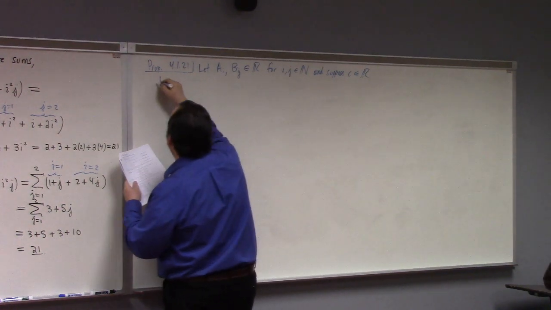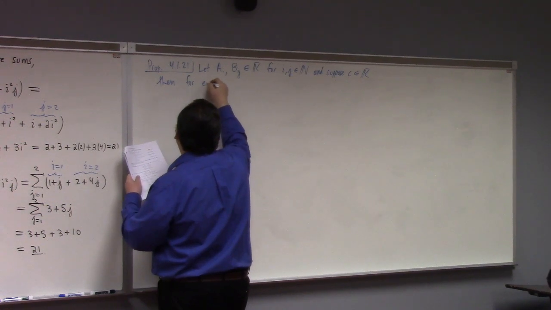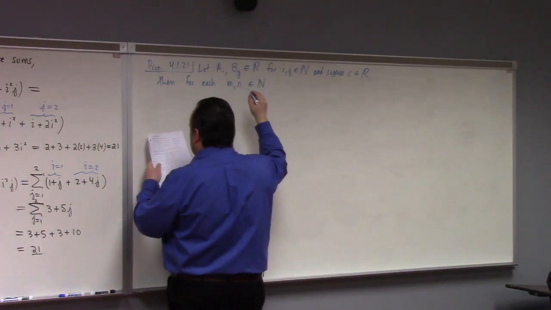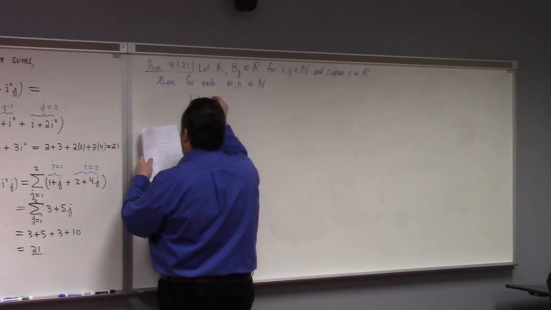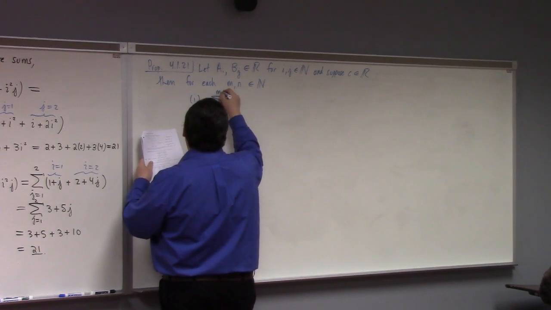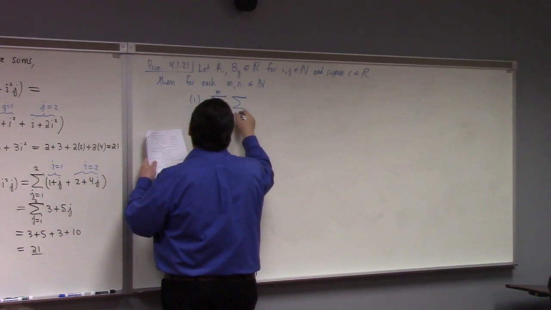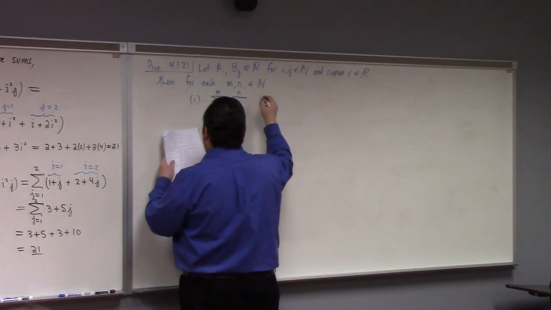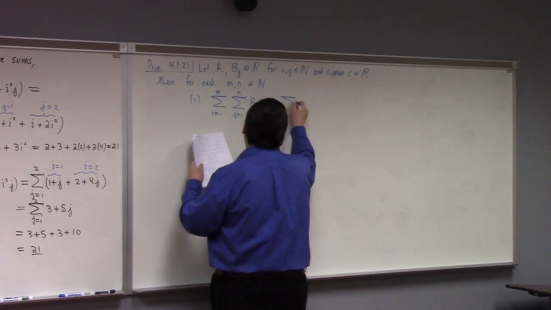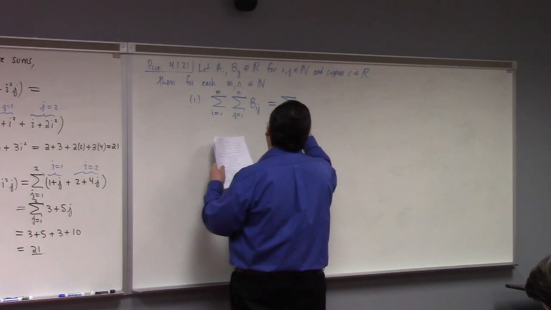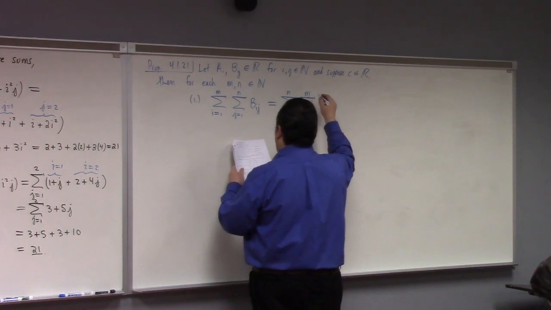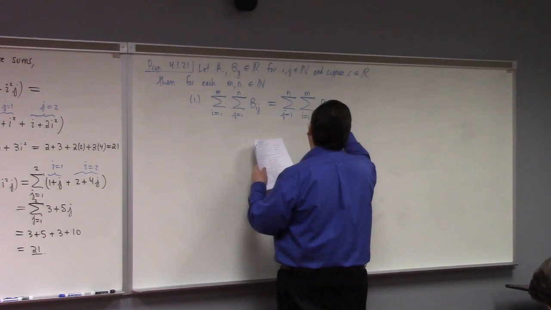Then for each m and n in the natural numbers, number 1, the sum i equals 1 to m, the sum j equals 1 to n of b ij is equal to the sum j equals 1 to n, sum i equals 1 to m of b ij.